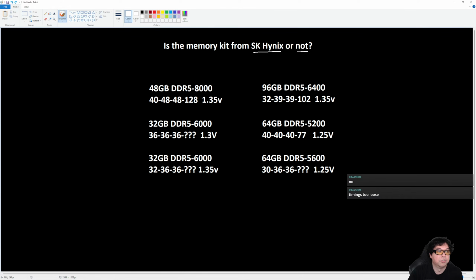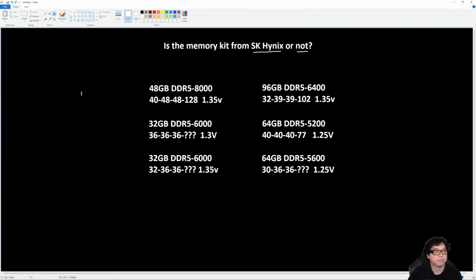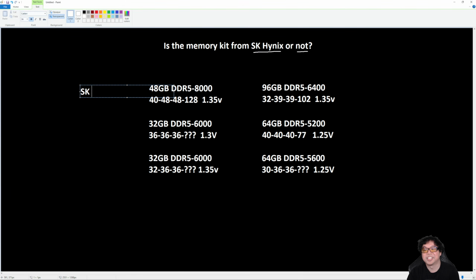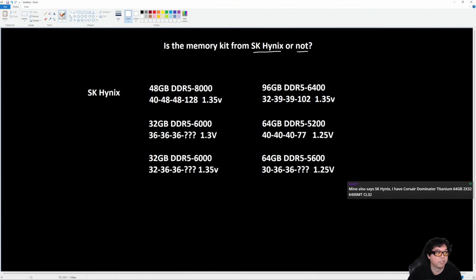So, who here believes this is SK Hynix? The correct answer is, I'm going to reveal it, SK Hynix. This is SK Hynix memory. That is the correct answer. Mark is absolutely correct.